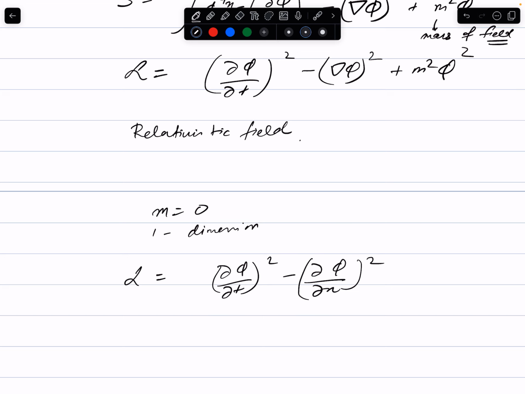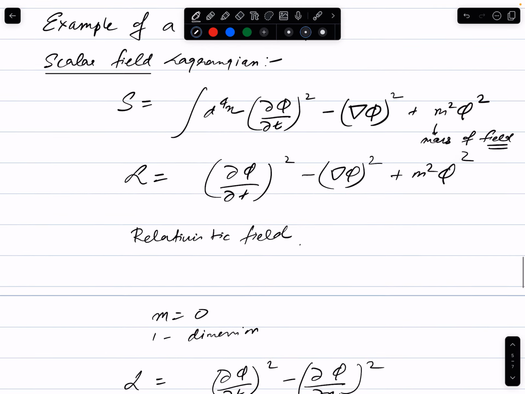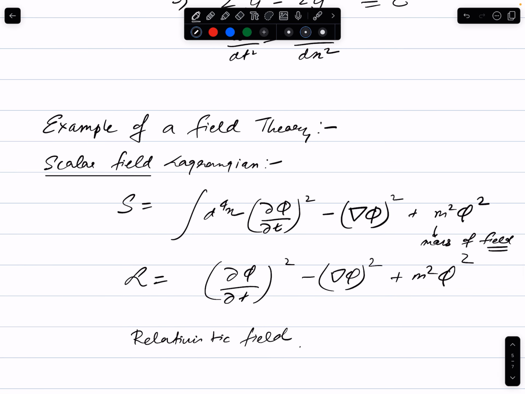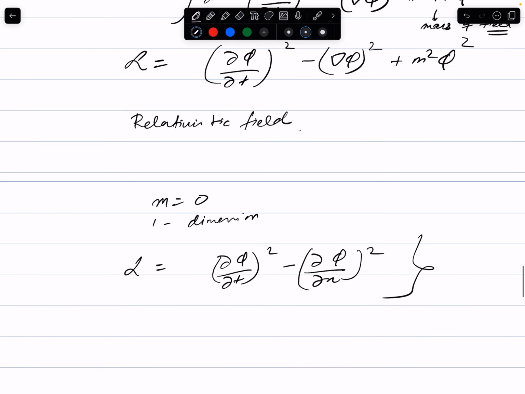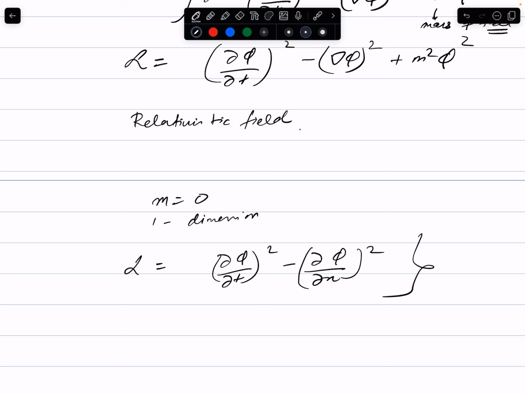Although this might look a little bit more complicated, this field is also not very complicated. It is just a little bit more general than the non-relativistic string, but we will study this and we will develop the tools of quantum field theory using this.